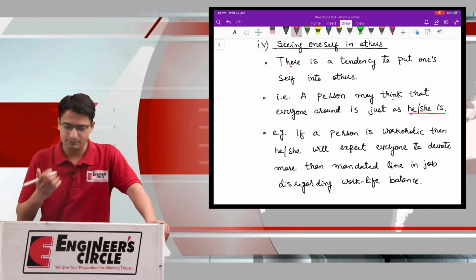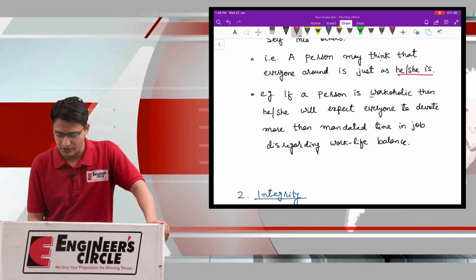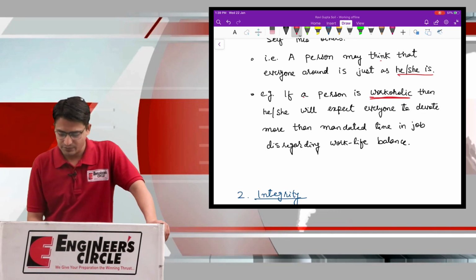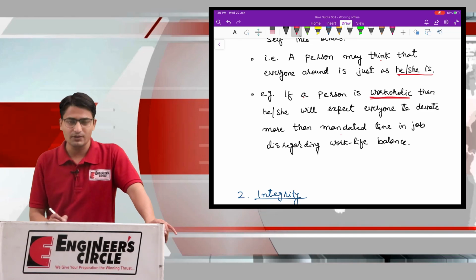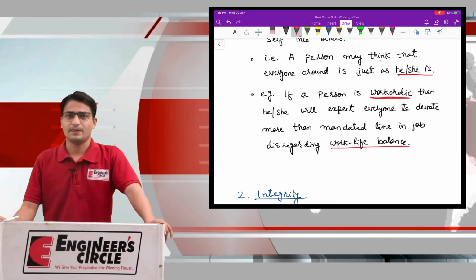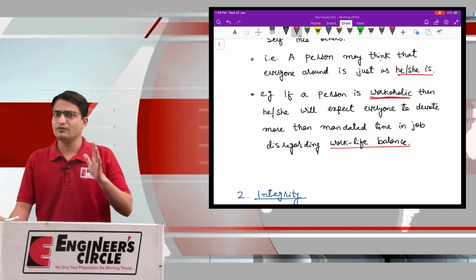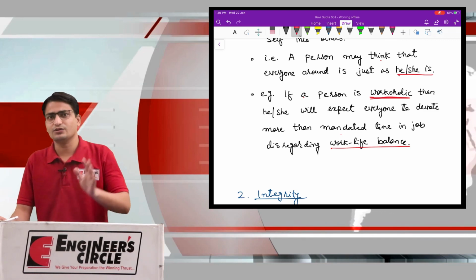There is another example that I can take here. Let's say, for example, if I am a workaholic person, then I will expect everyone to devote more than the mandated time to the job, disregarding work-life balance. So suppose that I am a senior engineer in my department, and I am very workaholic. I come very early, I go very late, and I just focus on my job.